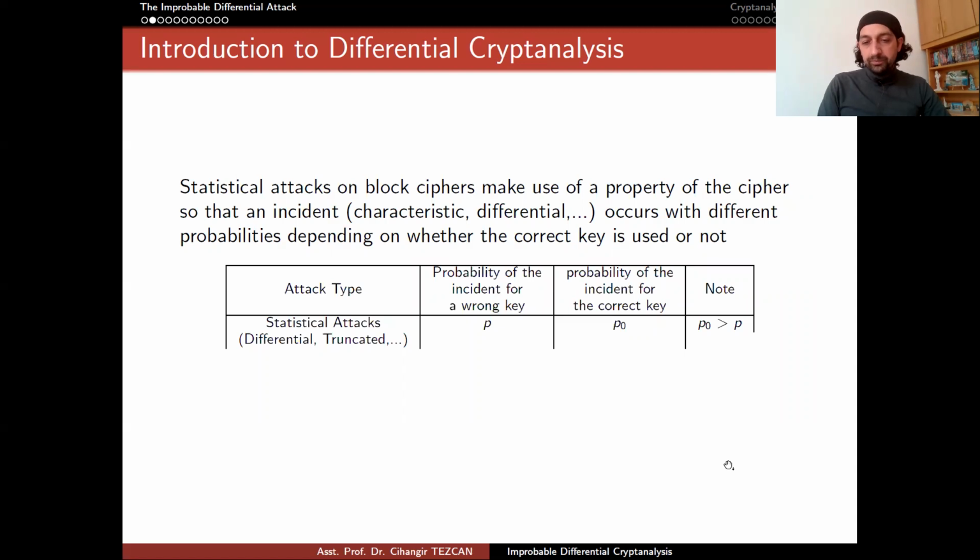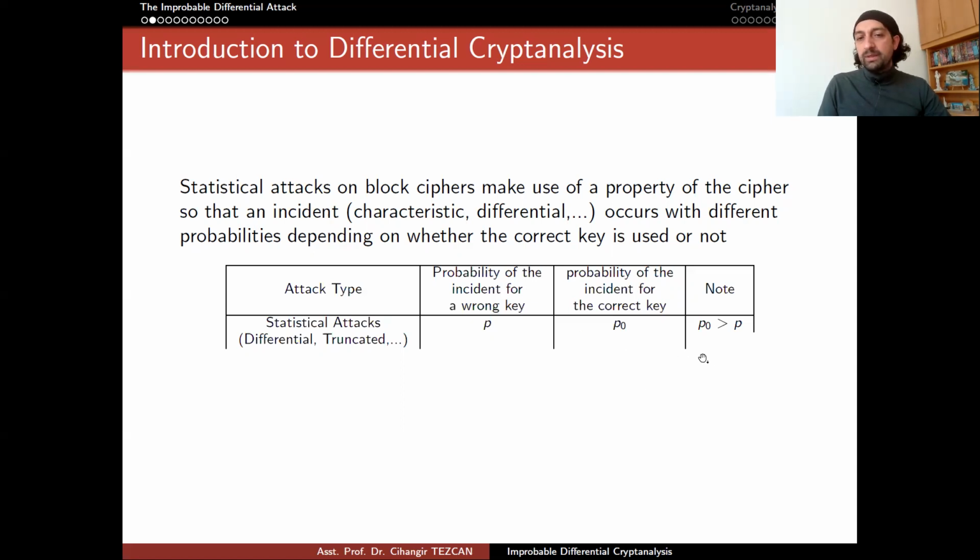But in traditional statistical attacks, like differential or truncated differential cryptanalysis, the probability of the event occurring for a wrong key or a random permutation is some probability p, and for a key recovery attack, it occurs for the correct key with probability p0.